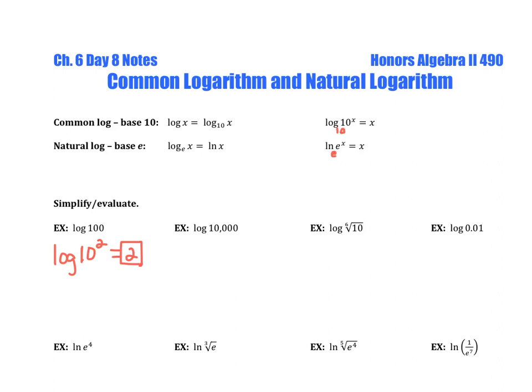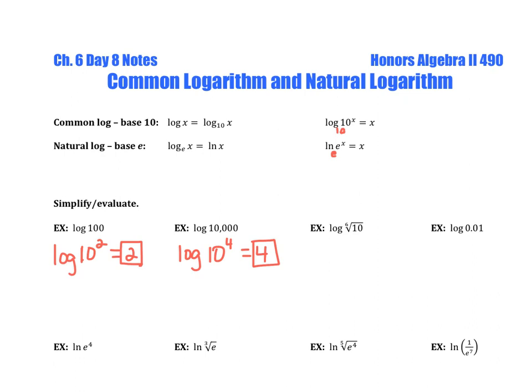All right, in the next example, we can rewrite 10,000 as 10 to the 4th. So again, if the base that goes with the log matches the base that goes with the exponent, the answer is going to be the exponent. So in this case, it's going to be equal to 4.